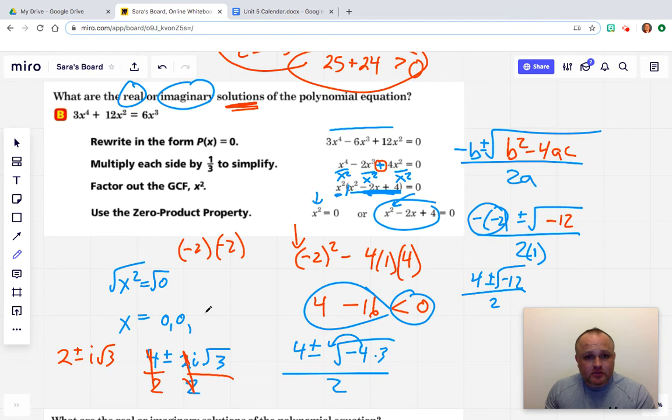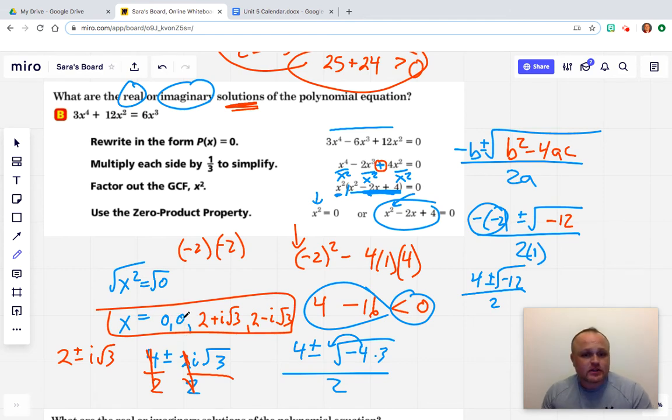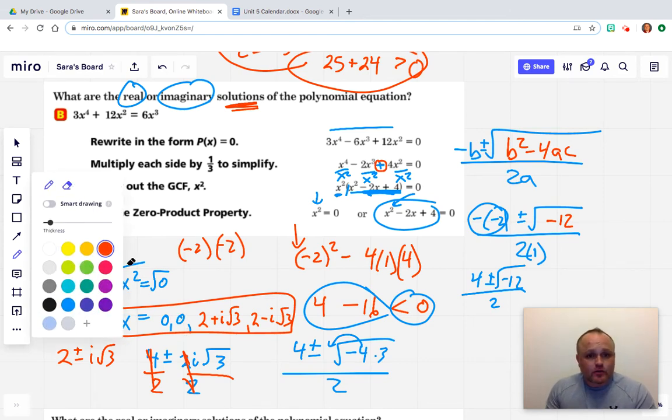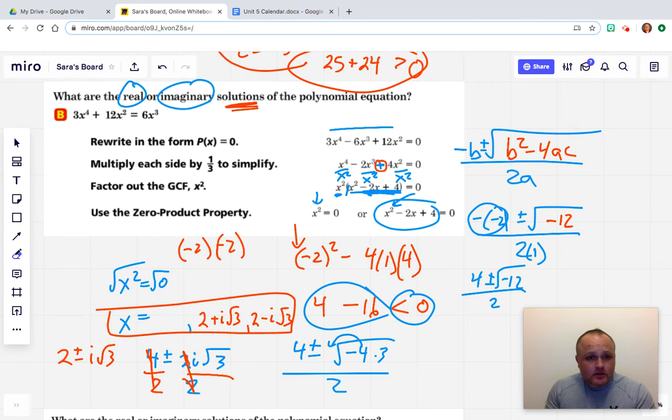That would be like me writing out 2 plus i root 3 is an answer, and 2 minus i root 3 is the other answer. 4 answers, but again, this double root, you don't have to write it twice. I could have chosen just to write it one time and still been good. And those would be my 3 answers. But again, this is a double root. We basically count it twice.